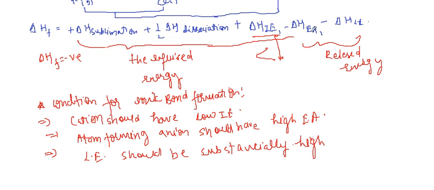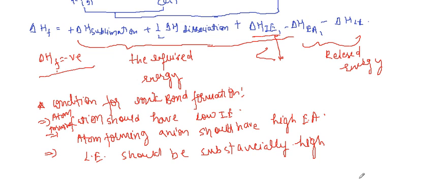The released energy should be higher than the required energy, then only delta H formation will be negative, which is the favorable condition to form the bond. So the atom forming the cation should have low ionization energy, the atom forming the anion should have high electron affinity, and lattice energy should be substantially high.